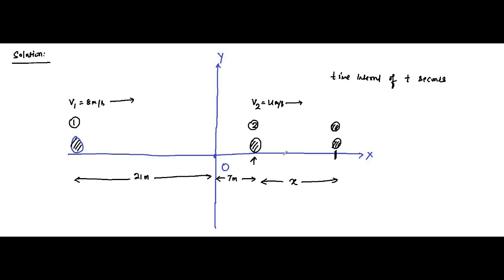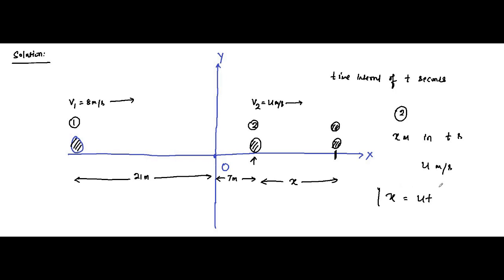So here if you see, particle 2 traveled x meters in t seconds. It is moving with a velocity of 4 meter per second. So this x meter is actually 4t, because distance is speed multiplied with time.